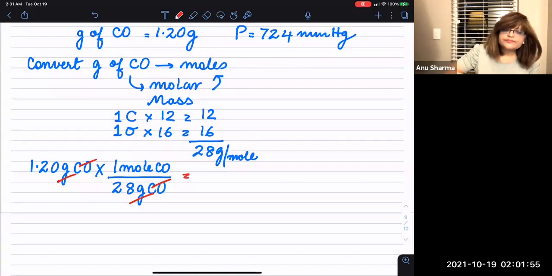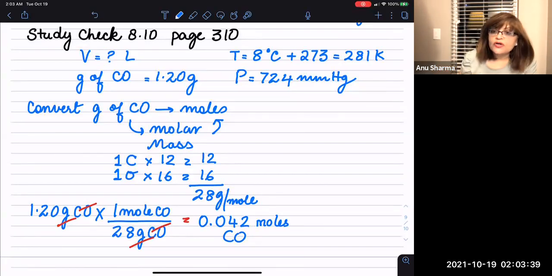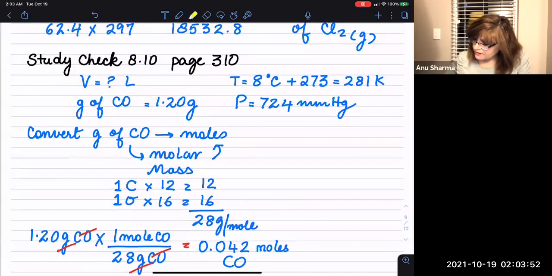Let's calculate that. 1.20 divided by 28 is 0.042 moles.